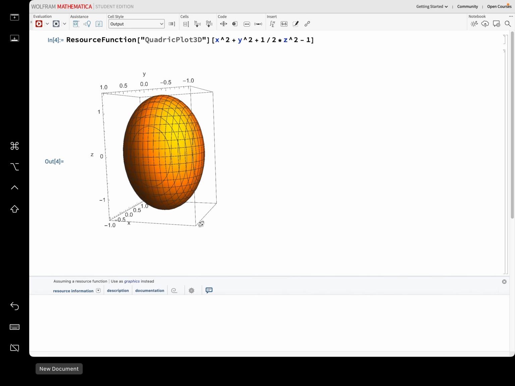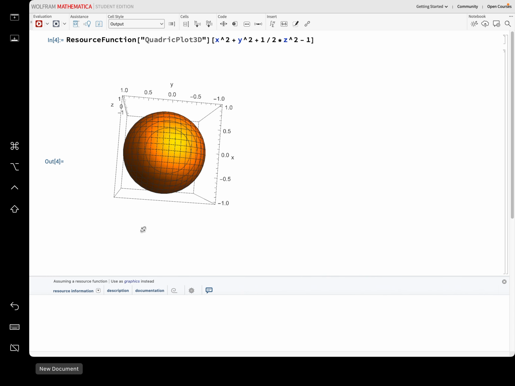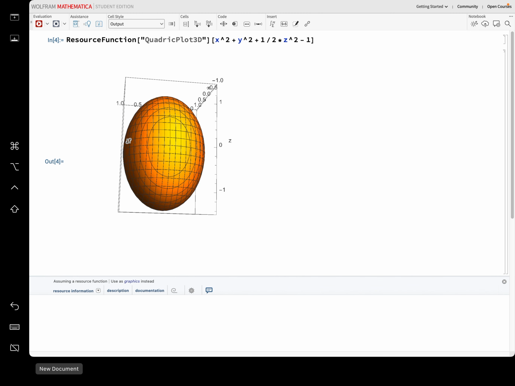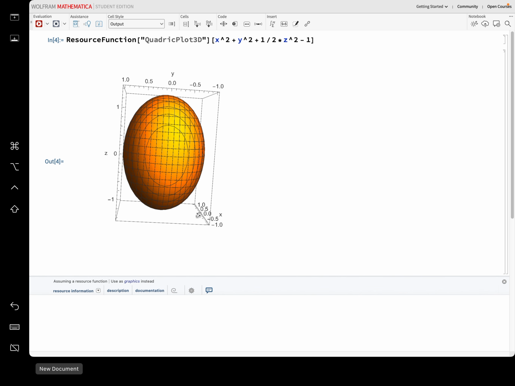And if I look at it from the top, then I see circles corresponding to cross sections of this surface by horizontal planes. If I look at the cross sections of this surface by vertical planes, you see ellipses, right?